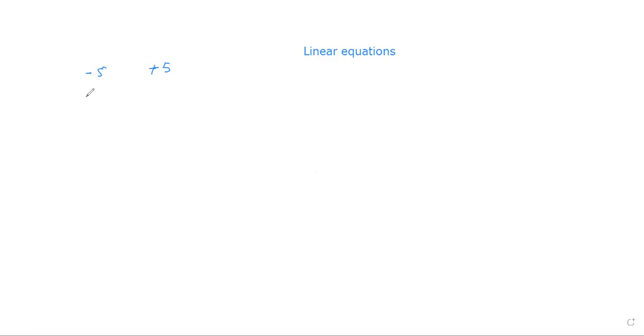If I have x over 7, I'll have negative x over 7. There's the additive inverse. Not that this is equal to that, but that the additive inverse of this number is this number.